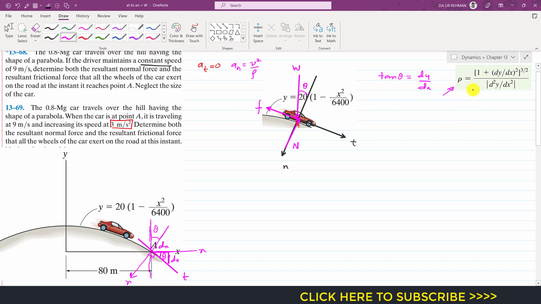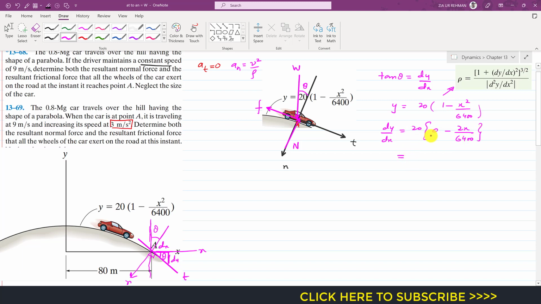So first I will find this radius of curvature. To find it, we need to find the first derivative of that function, and then the second derivative. We are given that y is equal to 20 into 1 minus x squared divided by 6400. If I take the first derivative with respect to x, dy by dx, this is constant, the derivative of 1 is 0, and the derivative of this is minus 2x divided by 6400.